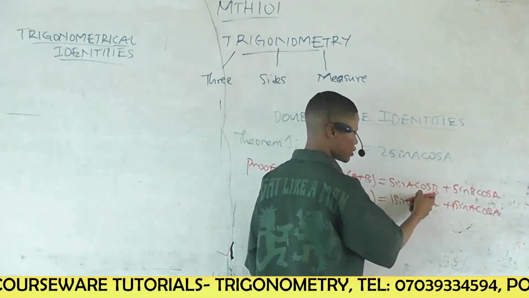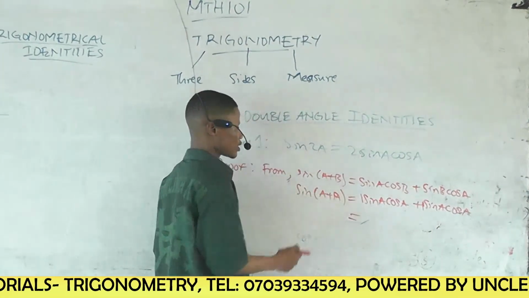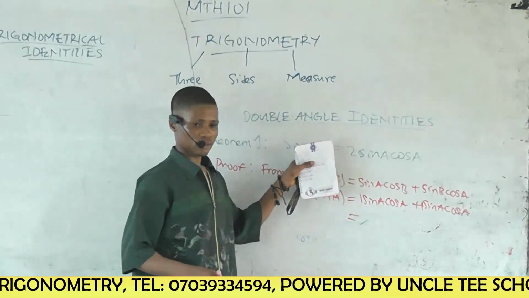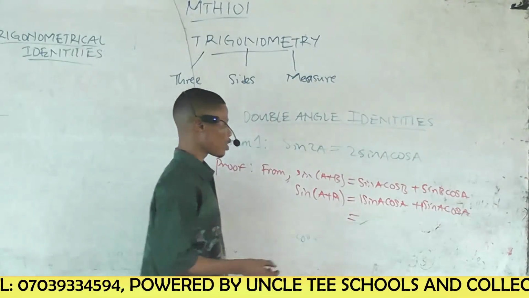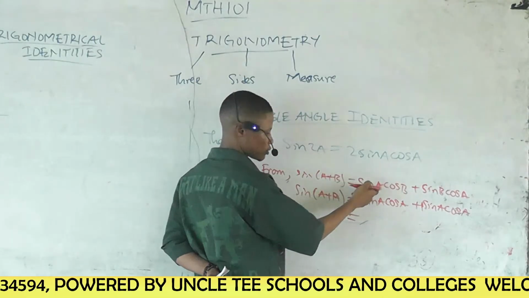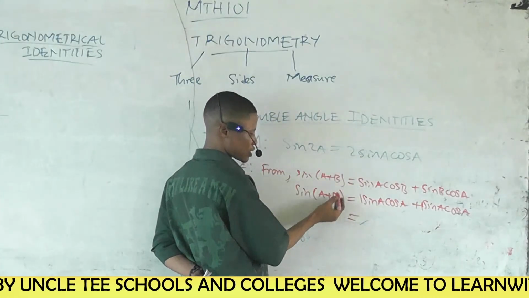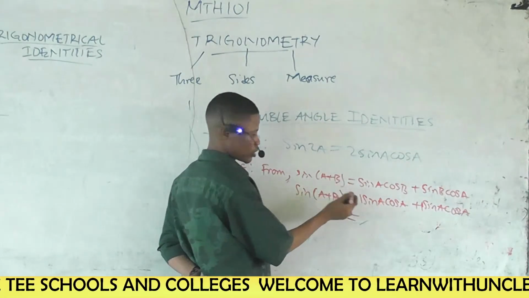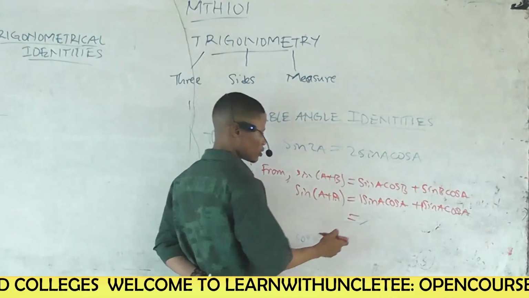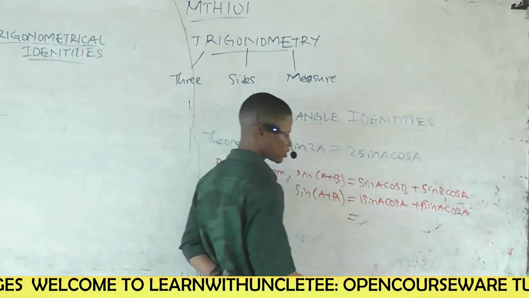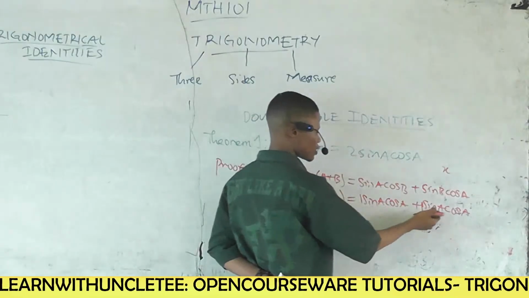Sine A cos B plus sine B cos A. For this side, sine 2A is the same thing as A plus A. Following this step, since this A is representing B here, that will be cos A. So if you take this as a single value function, maybe x, this is x, this is x.